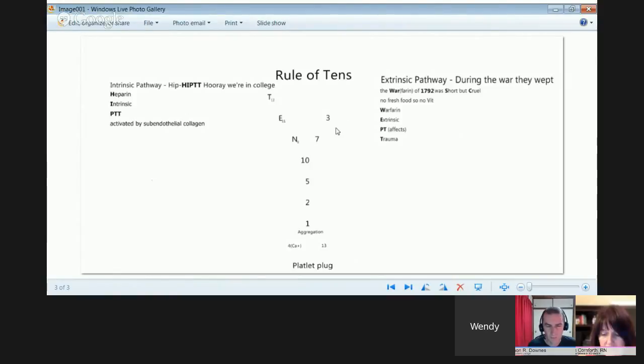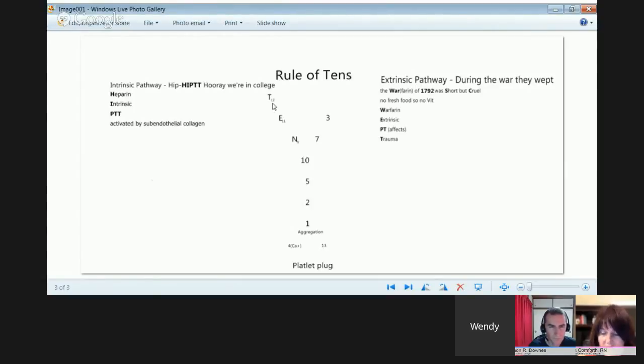Like I said, it should be switched because 7 activates into 3, but that's okay. And it goes to 10. And then if you look down below, you have 5, 2, and 1. If you multiply those together, you get 10. And that's the common pathway. That's correct. So the TEN: T for 12, E for 11, and N for 9.